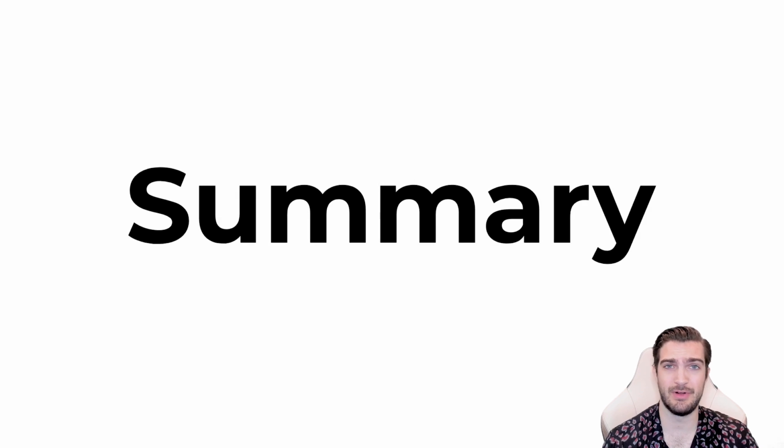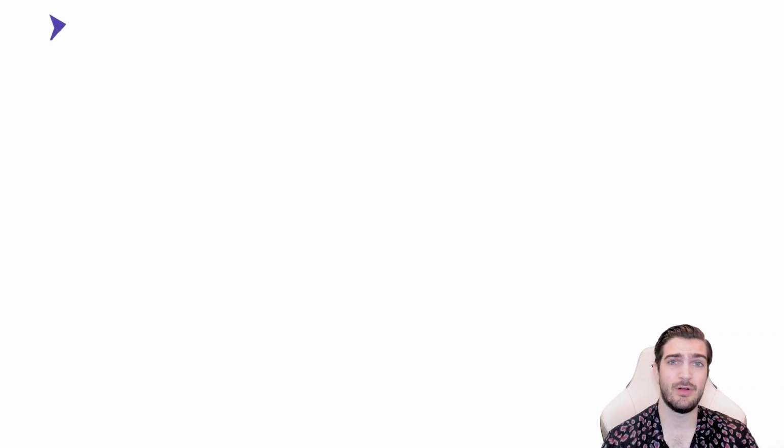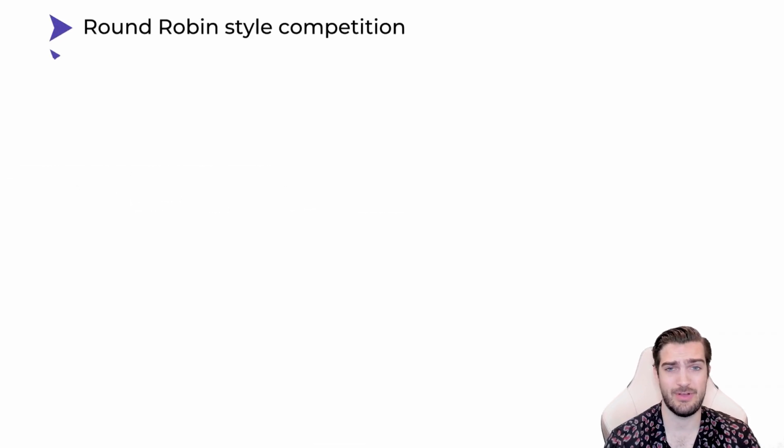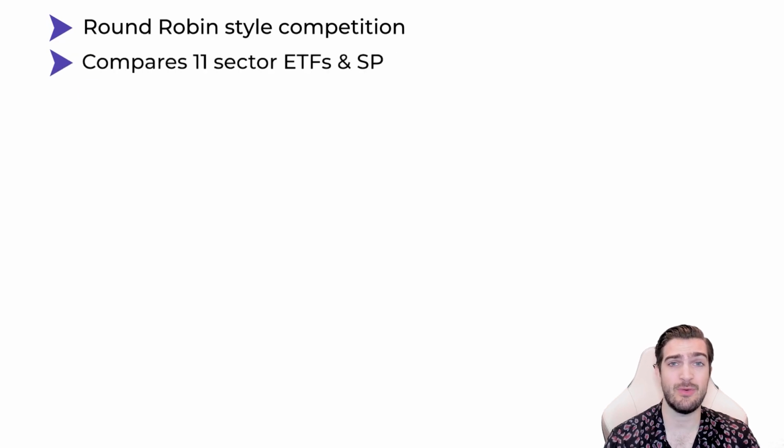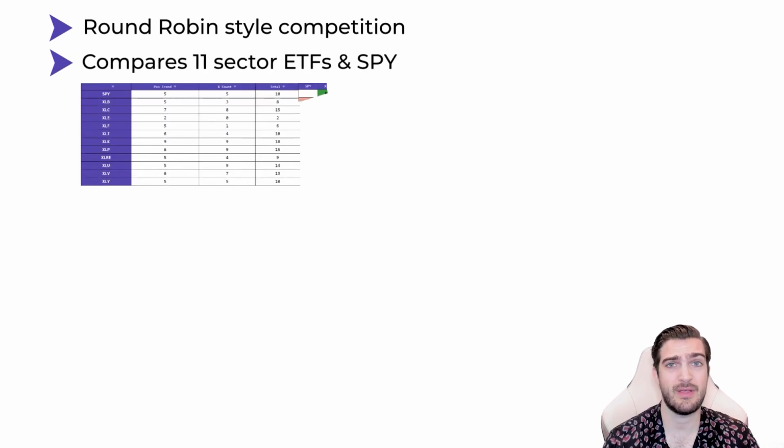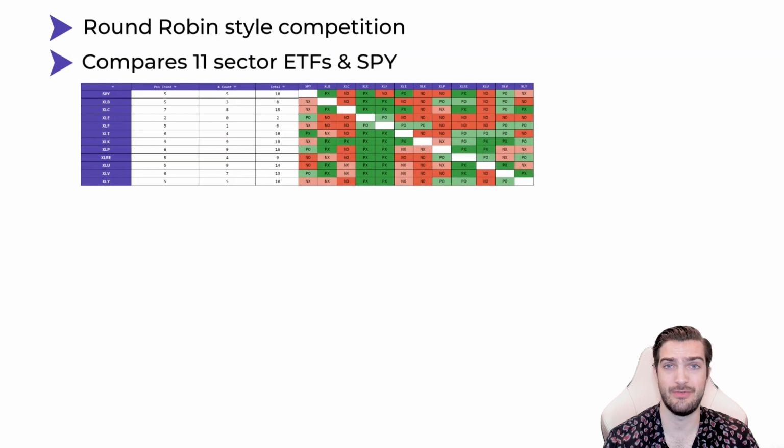Before we end this video, let's summarize everything that we've learned about today. We learned about the relative strength matrix. This matrix is a round-robin style competition that compares 11 market sectors from the S&P 500 and an ETF representing the S&P 500 itself, SPY.